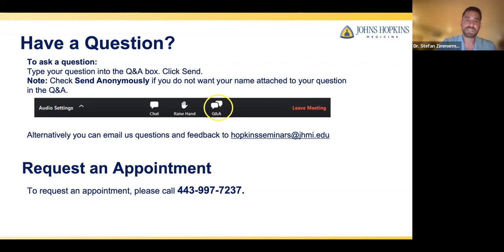Okay. Best test if you have a contrast dye allergy to look for a blockage. Well, that depends a little bit. You can do different types of stress tests without contrast dye. For instance, you could do an exercise treadmill stress test.